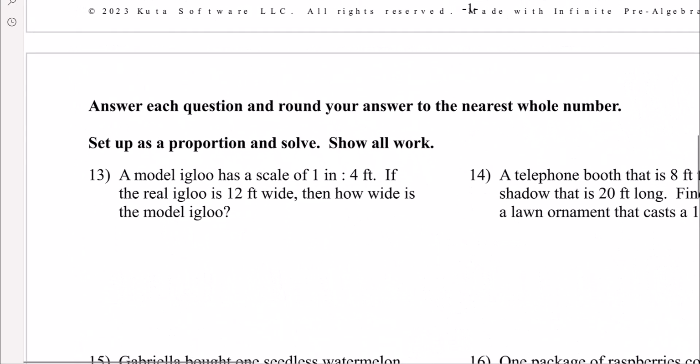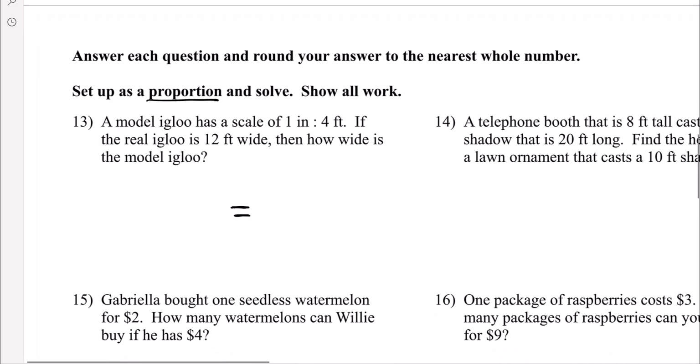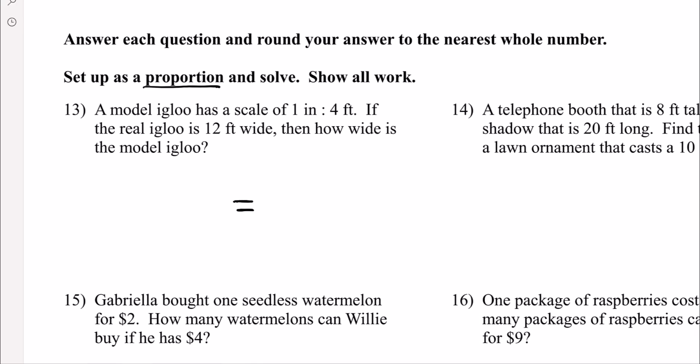So this is more proportional reasoning. A model igloo has a scale. Whenever you see a scale, that's the proportion. It's saying 1 to 4. Now over to the side, I'm going to put inches for the 1 and feet for the 4.